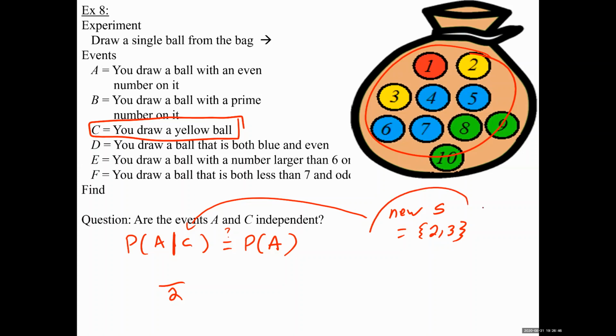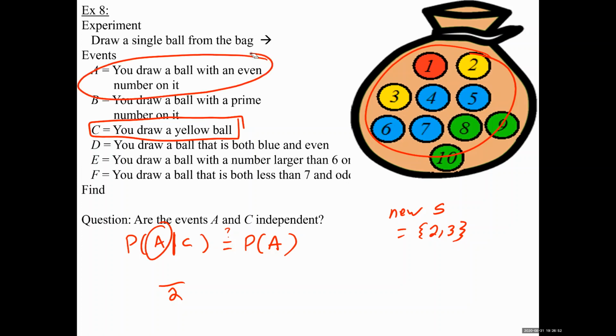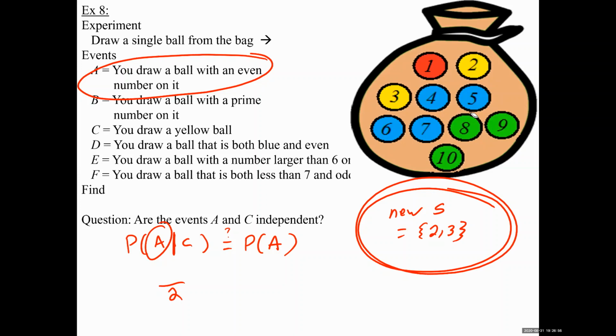You count how many things are in here, there's 2 things. Now to get the top number, you have to count A, which is count the evens. But again, don't count the evens up here, count them in the new sample space. How many evens in the new sample space? Just 1. There's only 1 even number in there, just the number 2.